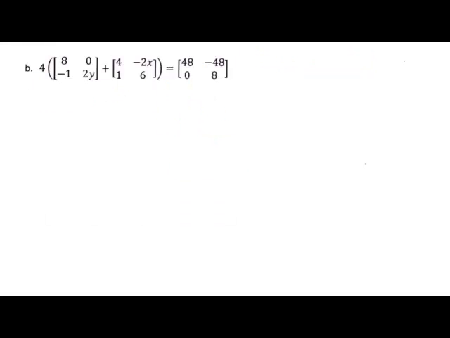Now for part B, we kind of are throwing everything together. So we want to think order of operations. What do we do first? We first want to do what's inside of the parentheses. So we first want to add the two matrices together. So if we have 8 plus 4, let's keep our 4 out front. So 8 plus 4 is 12. 0 plus negative 2x is just negative 2x.